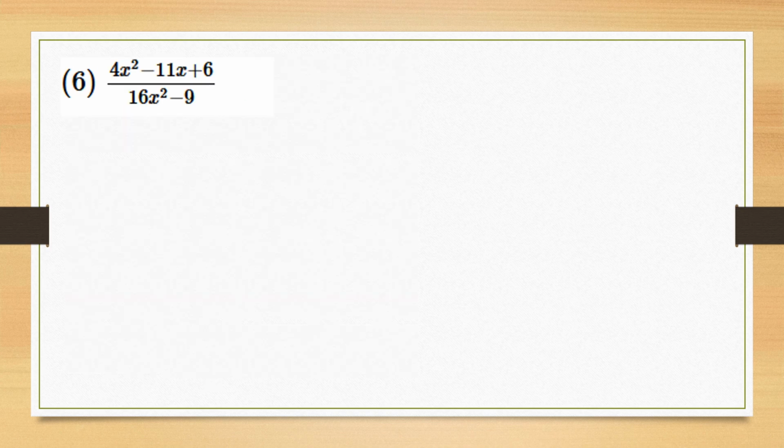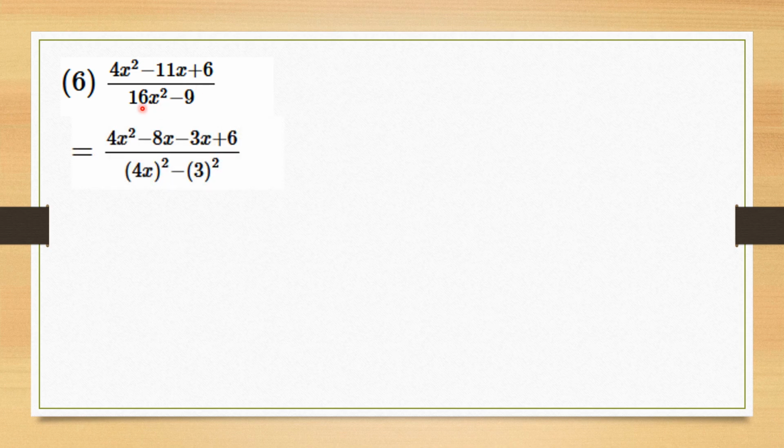Let us see the sixth sum. This is a rational algebraic expression, and the question is 4x squared minus 11x plus 6 upon 16x squared minus 9. Now if you see, the numerator is a quadratic trinomial, so we will solve the numerator by splitting the middle term.